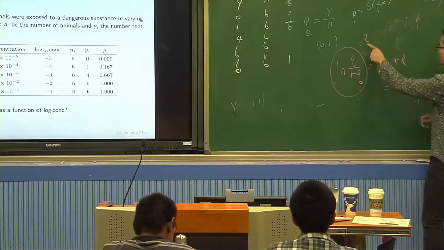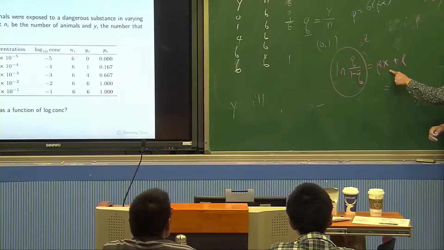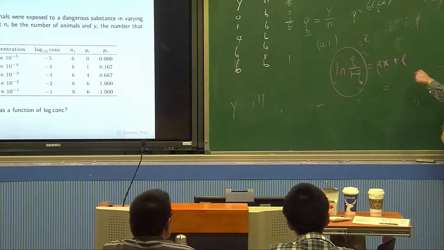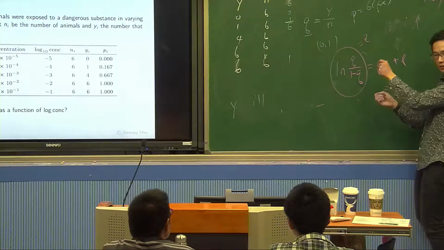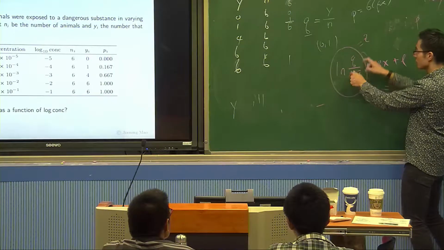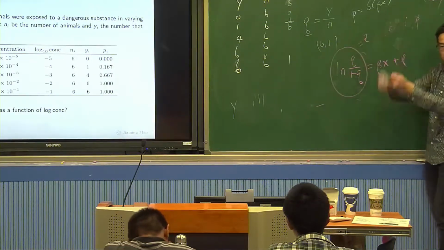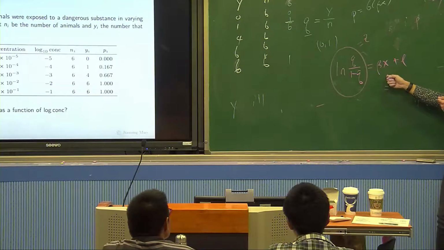So I'm going to run z as a y variable, running the regression of z on x. Can I do that? Yes, I can. The reason is, even though q is between 0 and 1, once I do log of q over 1 minus q, this z becomes negative infinity to positive infinity. So I can use a linear regression, right?